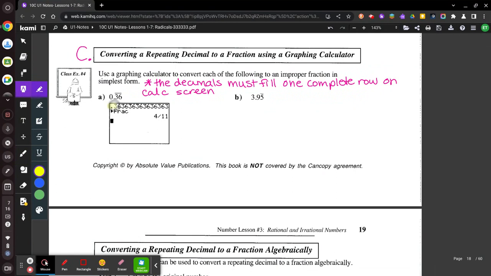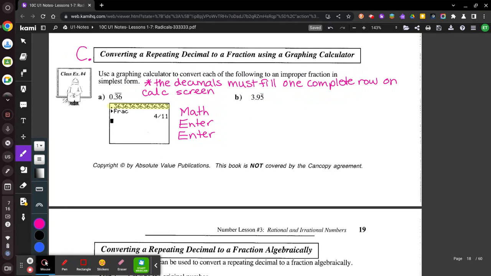They're showing that you write 0.363636 until you fill your calculator screen. Then you hit the math button and then enter, and that converts it to a fraction. It's always going to convert to a lowest reduced fraction.